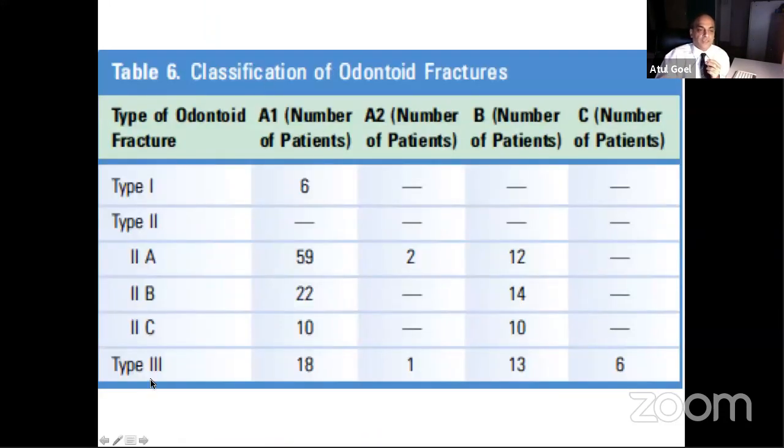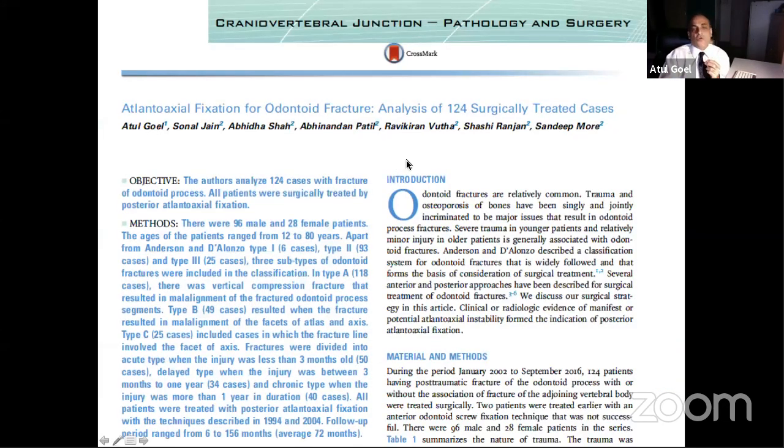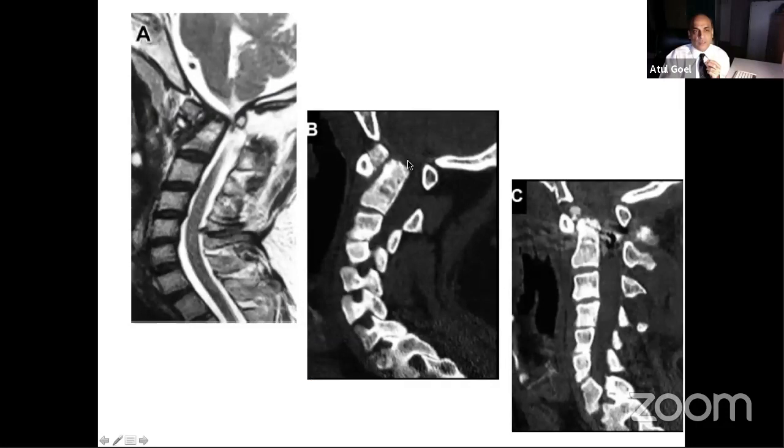So there are various types of classification. If you want to go into detail on these classifications of mine, you must go through this article. I will again give you that reference from World Neurosurgery, a recently written article on my experience with 124 cases. So when there is a fracture of the odontoid process, if you have to stabilize, the main issue is, when do you have to treat this?